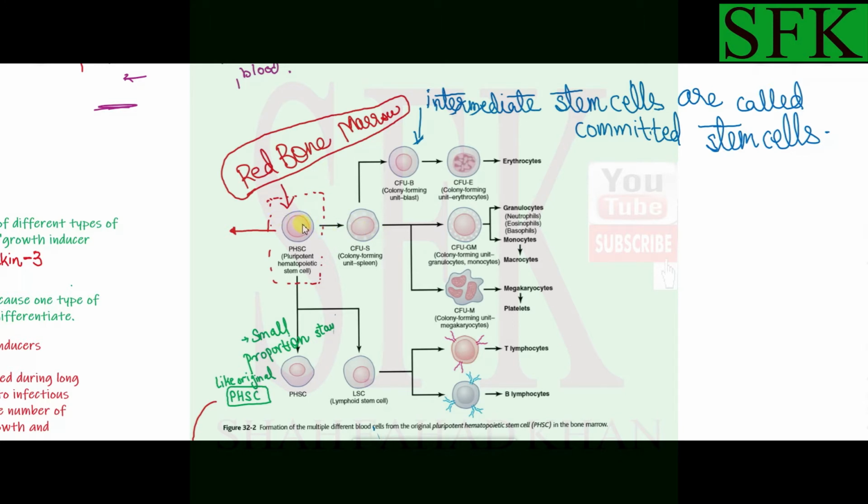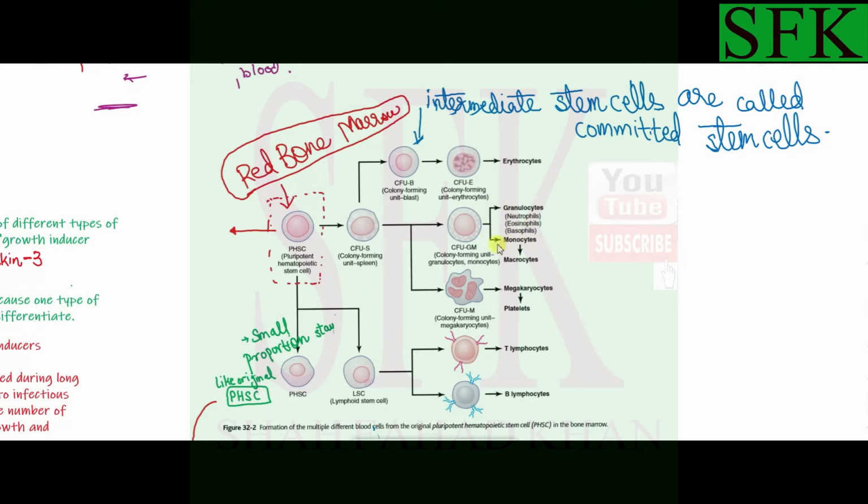Now the colony forming unit spleen also gives rise to colony forming unit granulocytes and monocytes. We've covered granulocytes and monocytes in the previous lectures as well. Granulocytes are those which contain granules. The examples include neutrophils, eosinophils, and basophils. They contain secretory granules that take up the stain.